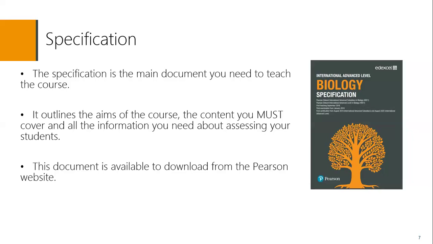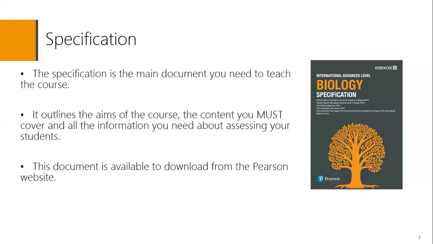I would like to draw your attention to some key specification content. I'll go through this now, but the specification is available in the resources available to you, as well as downloading from the website. So the biology content is page 12 to page 42.